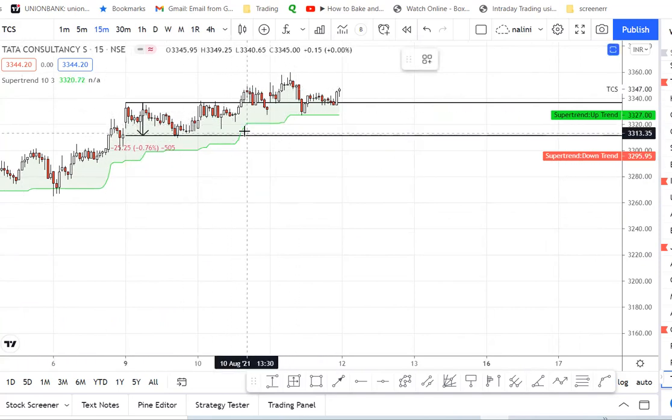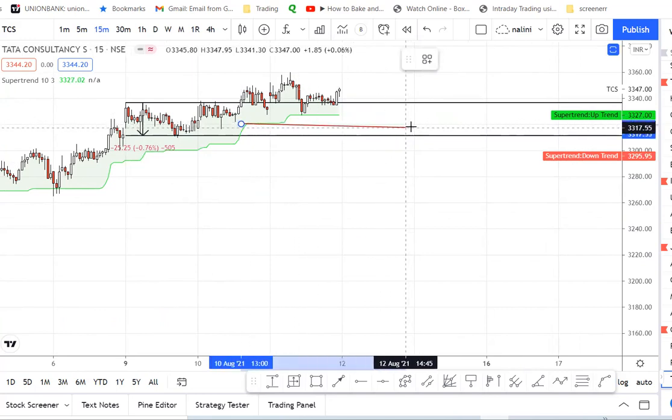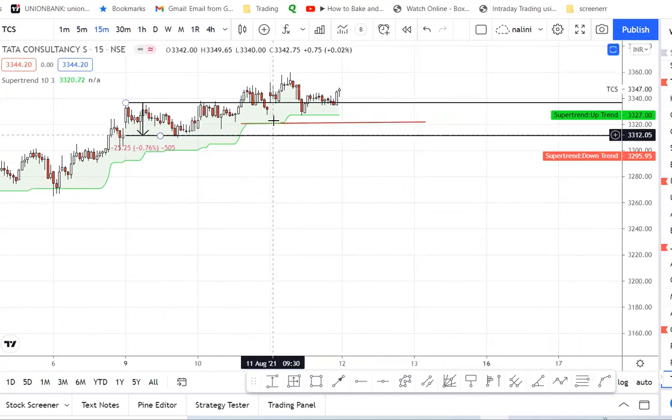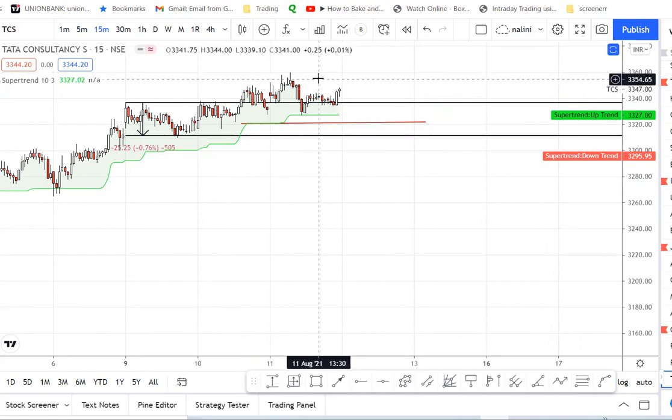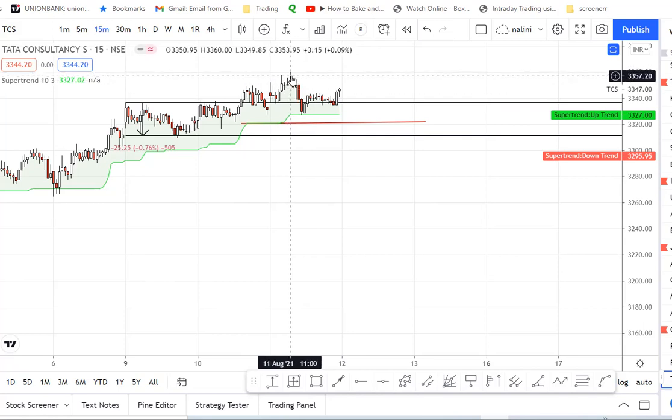So today on the first candle, it made a high, and it came down, and it started going up. So it has never plotted any red super trend over here. Sell signal hasn't come.